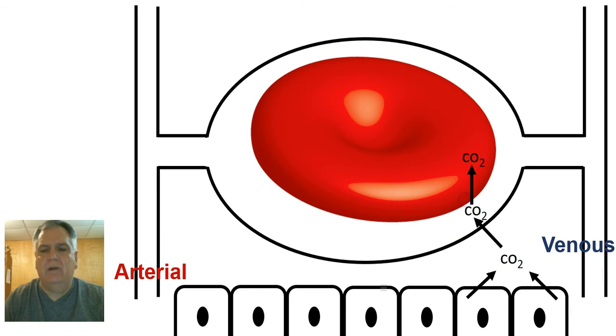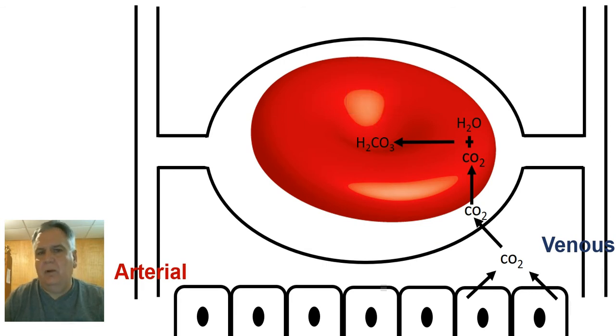Well, the carbon dioxide is now going to move into the red blood cell along its concentration gradient, from where it's in a higher concentration to where it is in a lower concentration inside the red blood cell. Once that carbon dioxide enters the red blood cell, it's going to combine with water. And when it combines with water, it's going to form an acid called carbonic acid.